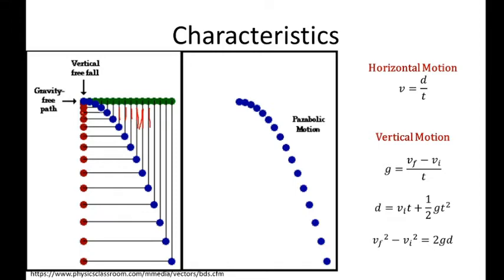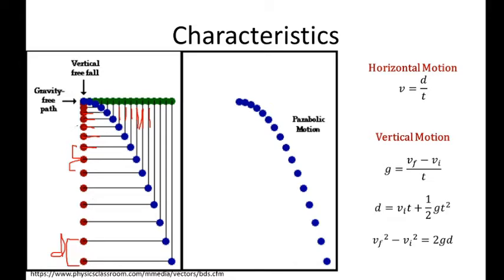And if you look at the vertical motion, you observe the lines increase in distance. So the distance increases. Meaning to say that the velocity for every second increases.